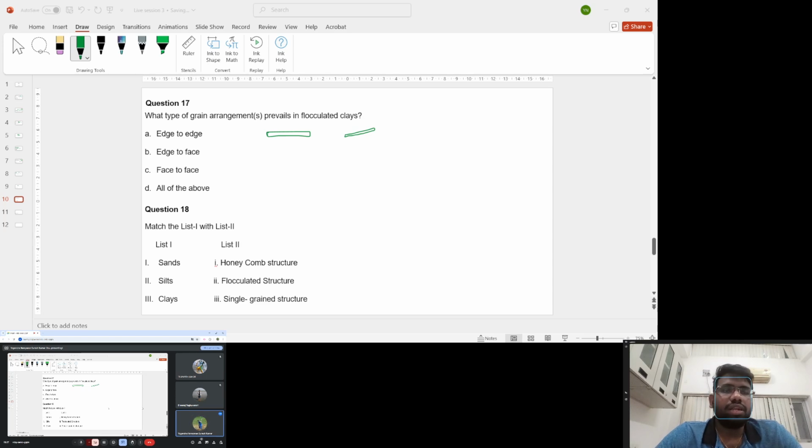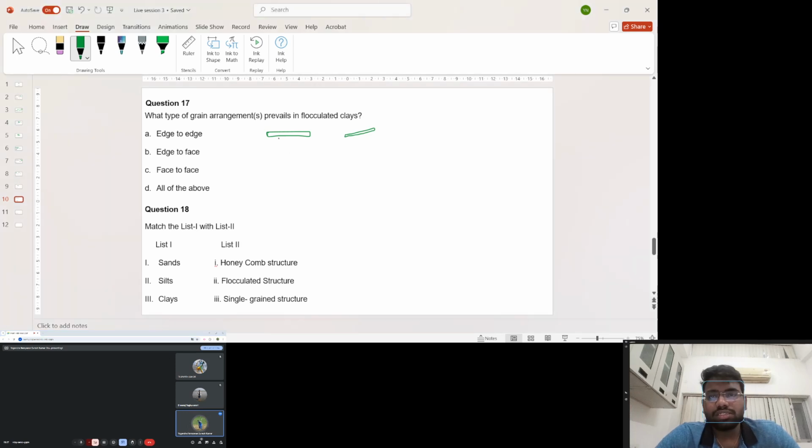As I already mentioned, what type of forces exist between two clay particles? Electromagnetic and electrostatic forces. Electrostatic force is either attraction or repulsion, right?